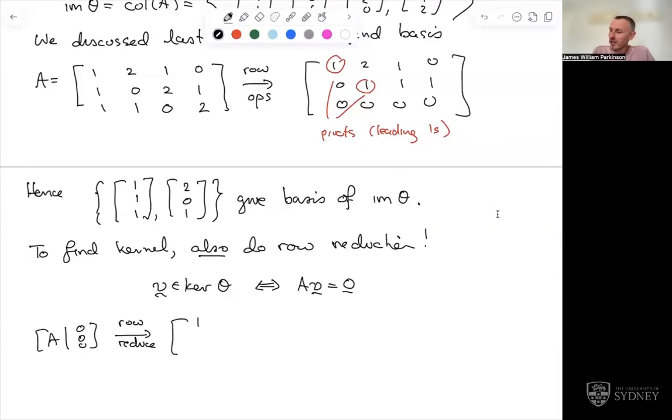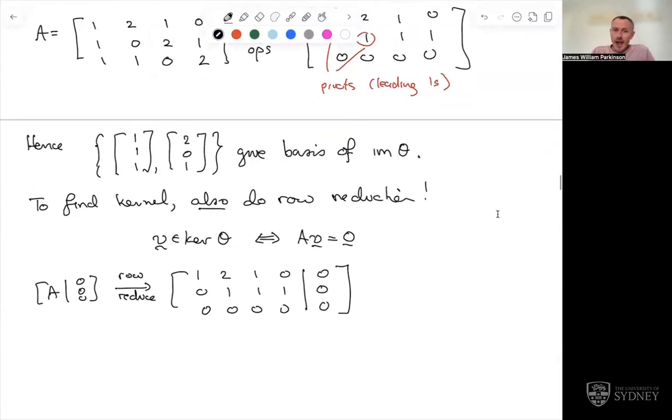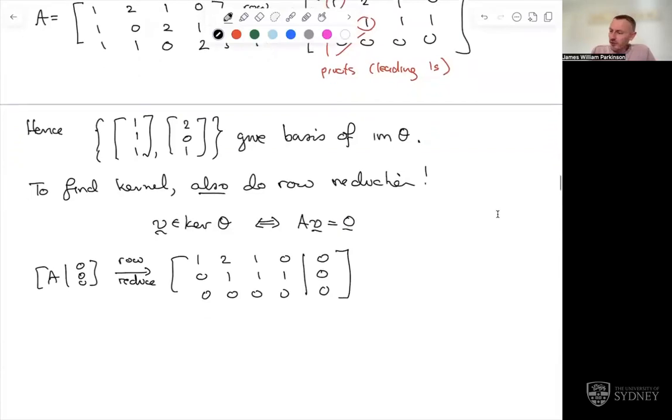Well, we worked out what A row reduces to earlier. And having a column of zeros on the right-hand side, that'll stay as a column of zeros through that process, so we don't have to go through and check anything there. And so we get two free variables. Let's call the variables x, y, z, and w.